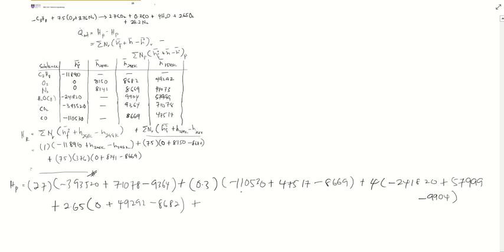And then the last one is nitrogen, 28.2, multiplied with enthalpy of formation 0, and then plus 47,073 minus 8669. So you determine this value.